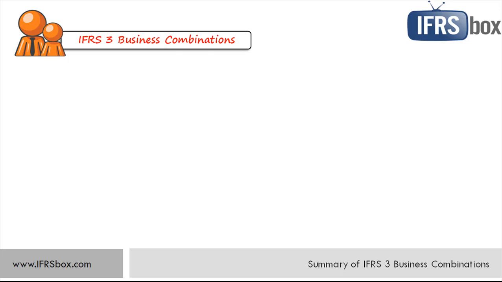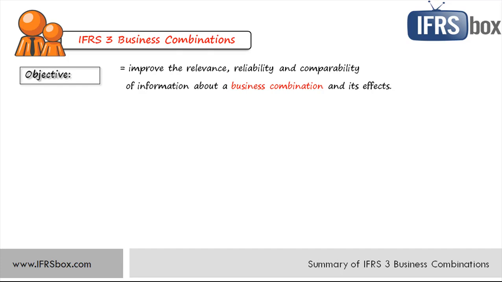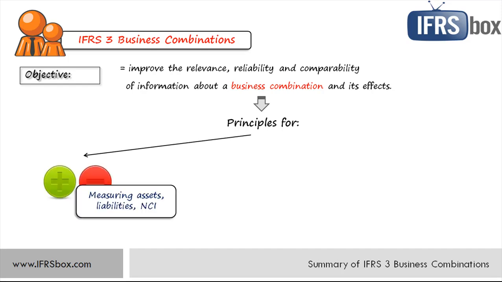The objective of IFRS 3 is to improve the relevance, reliability, and comparability of the information that a reporting entity provides in its financial statements about a business combination and its effects. More specifically, IFRS 3 establishes principles and requirements for how the acquirer recognizes and measures the identifiable assets acquired, the liabilities assumed, and any non-controlling interest in the acquiree.